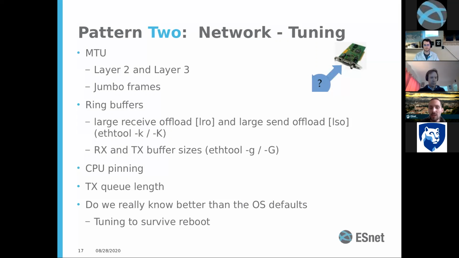And then once we configure the actual buffer sizes, we can mess with the large receive offload and large send offload, LRO and LSO. Basically, what that does is aggregate multiple incoming packets from a single stream into a larger buffer before they are passed higher up the stack.